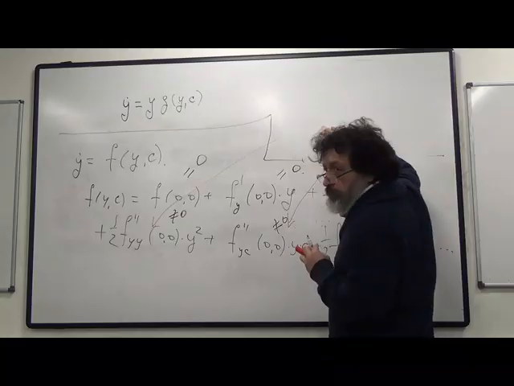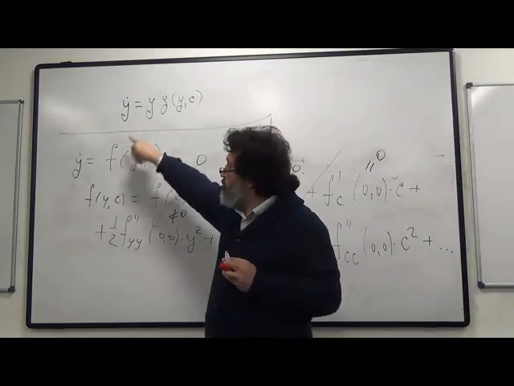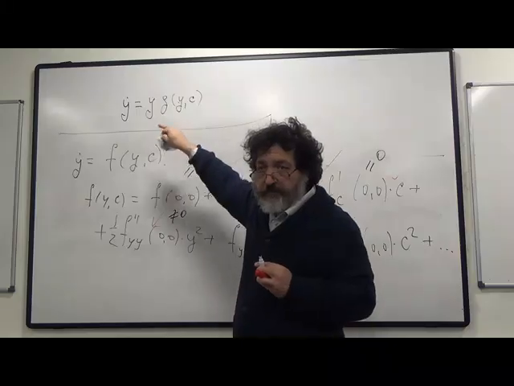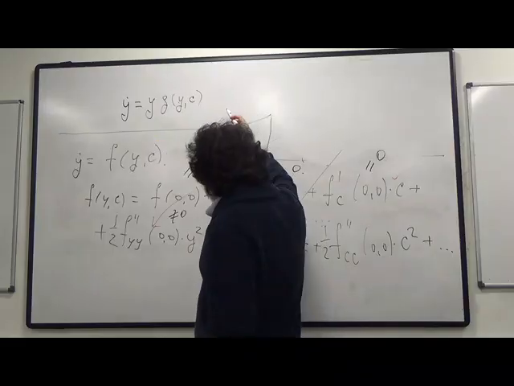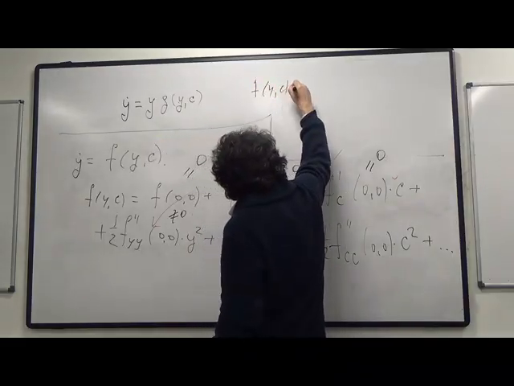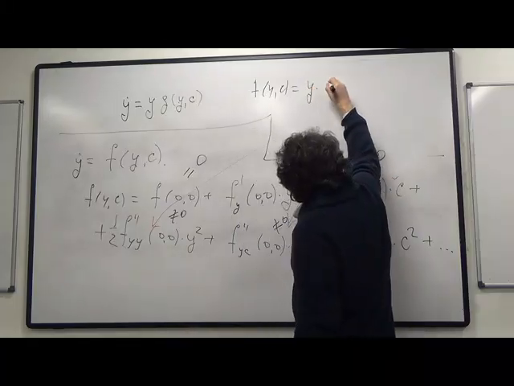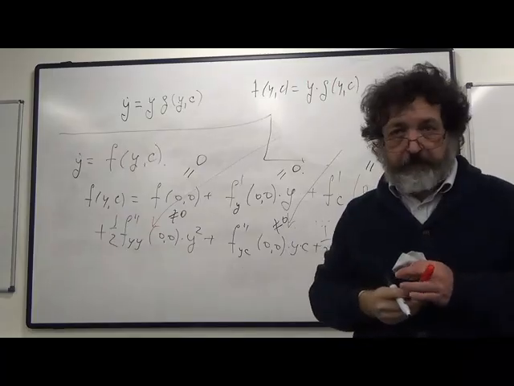What we want to do now is get back to this. I was talking about this function f, but in fact what we have is this: f of y, c equals y times g of y, c. This is what we have.